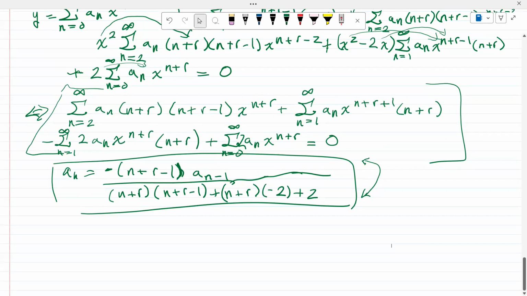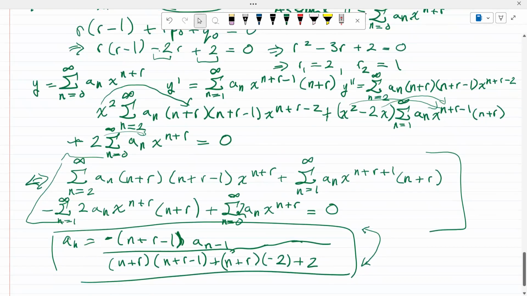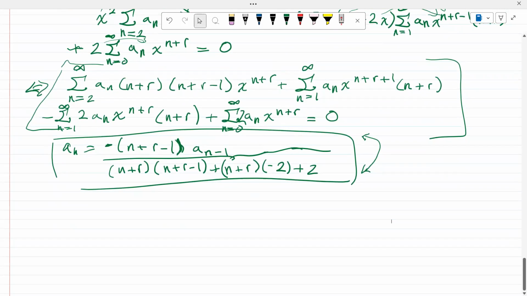So we're going to start off by solving what our an expression should be for r1 equal to 2.